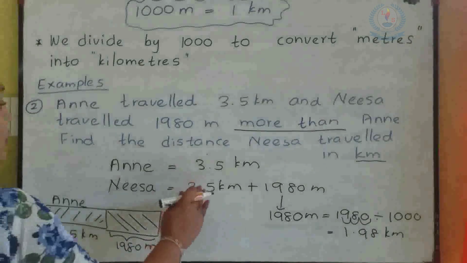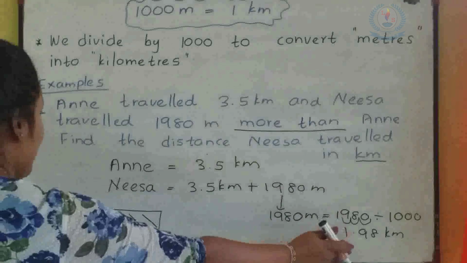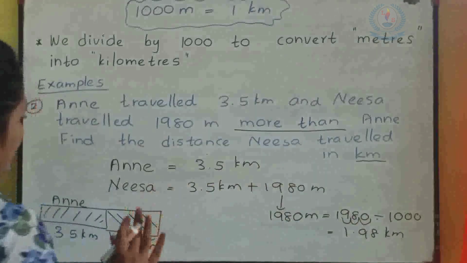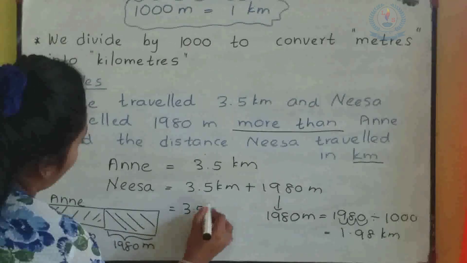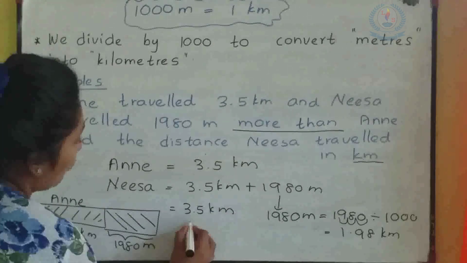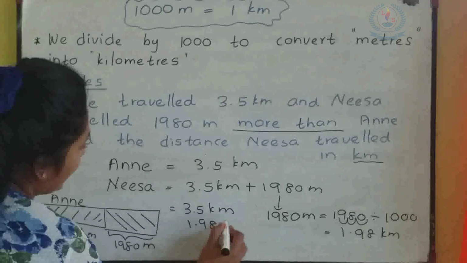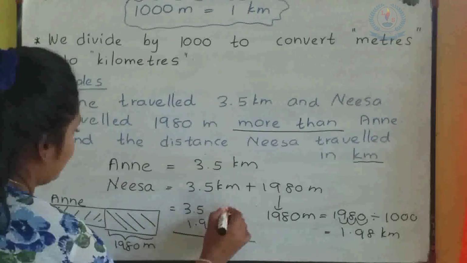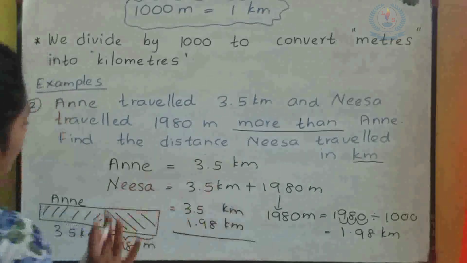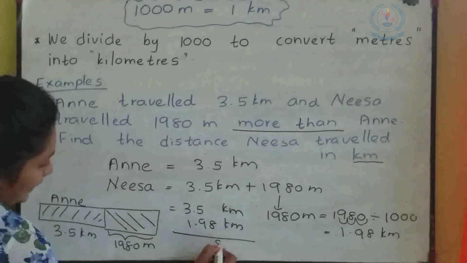Now we got the answer. That means this value is in kilometers. Now we can directly add those two values. 3.5 kilometers plus 1.98 kilometers. Now I am adding. I write the kilometer sign here. Here 8.